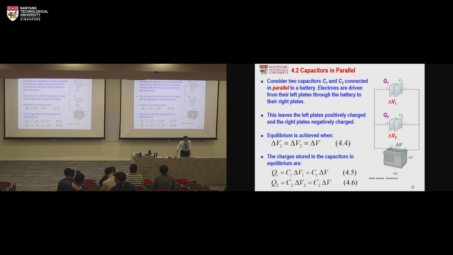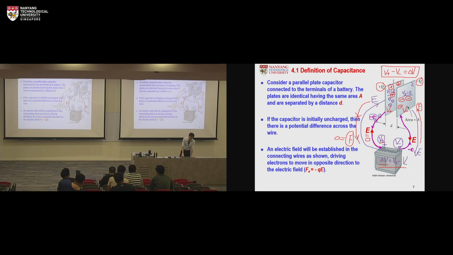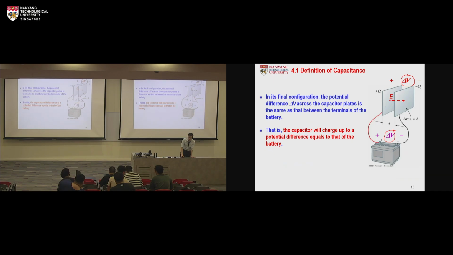Let's say here you have two capacitors connected. This is the so-called connected in parallel. C1, C2 connected together to this battery. And we can follow exactly the same analysis to derive some relationship.